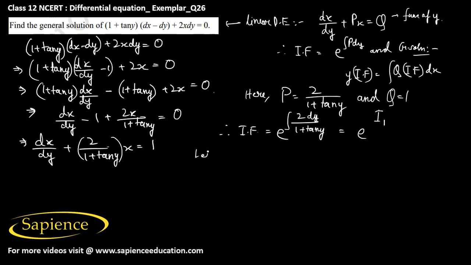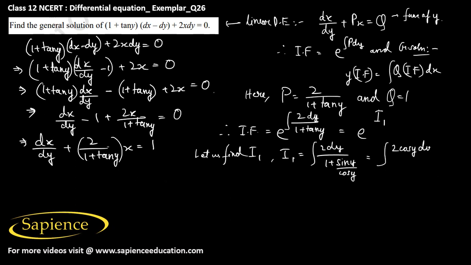So let us find this I1. I1 will be equal to integral 2 dy by 1 plus tan y. This I can write as sine y by cos y. Now if we take the LCM, this cos y will go up. This will be 2 cos y dy divided by sine y plus cos y.